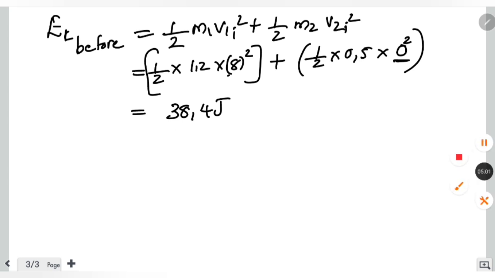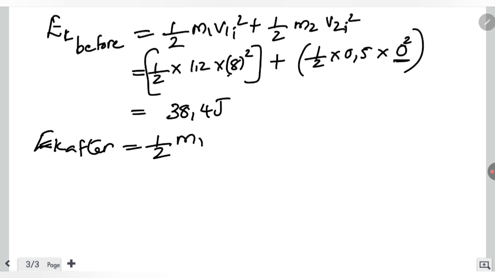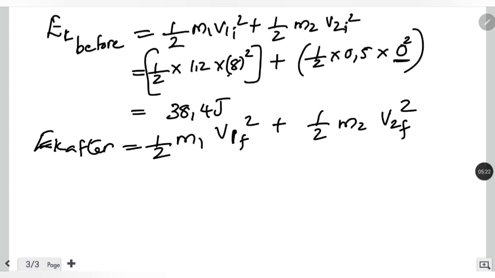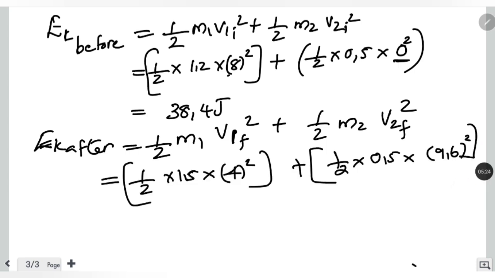Then you can calculate EK after. Same equation, half m1 V1 final squared plus half m2 V2 final squared. Substitute the values. You can see this is the substitution for EK after.